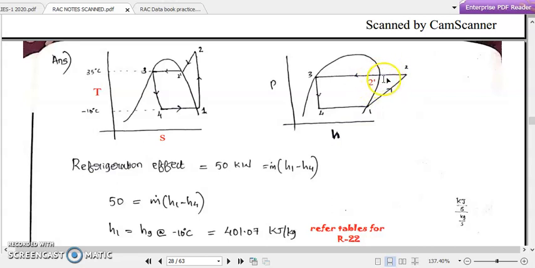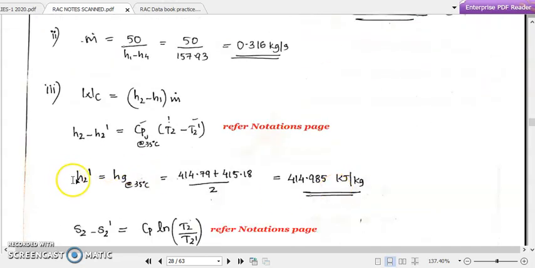So h2 dash means the hg value, but corresponding to which temperature? What is the temperature at 2 dash? We have already marked it in the earlier section. The temperature at 2 dash and 3 will be 35 degrees Celsius, so h2 dash will be equal to the hg value at 35 degrees Celsius.